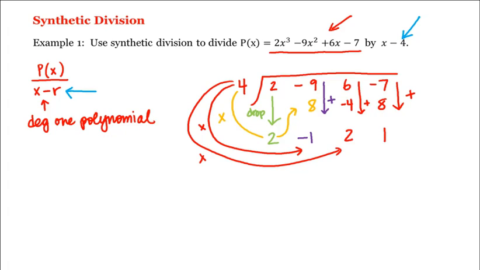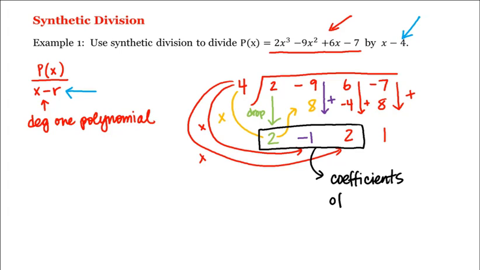Now, what are these numbers down here? These first 3 numbers are the coefficients of the quotient of the division. And this last number here is the remainder of the division.